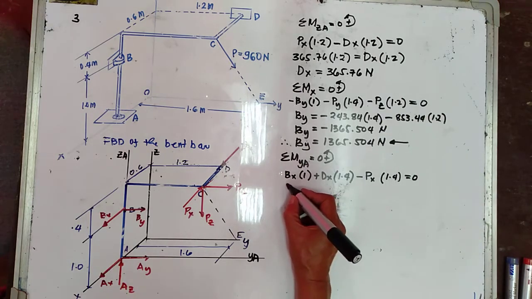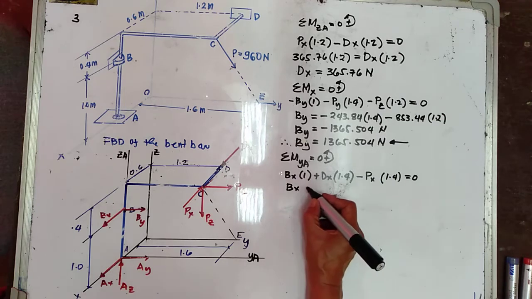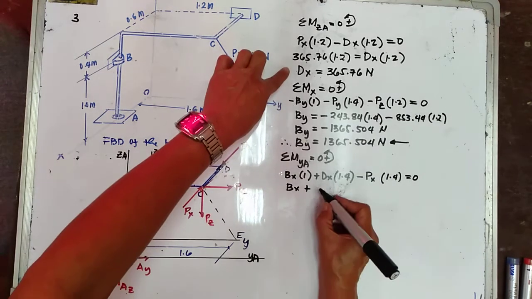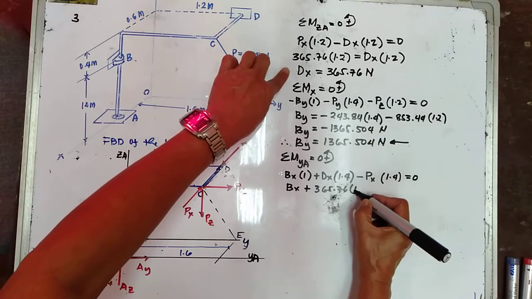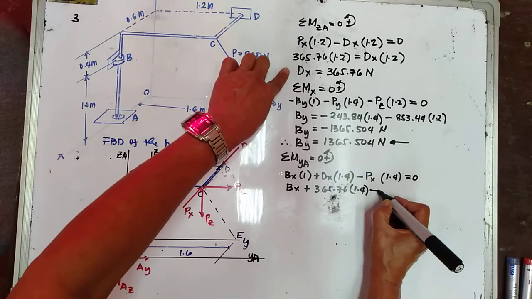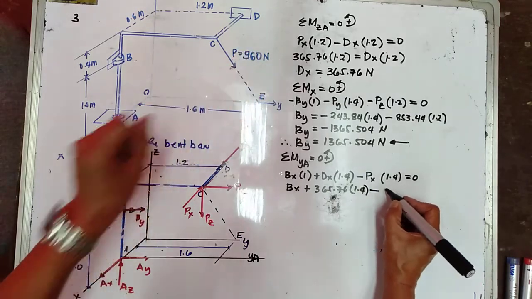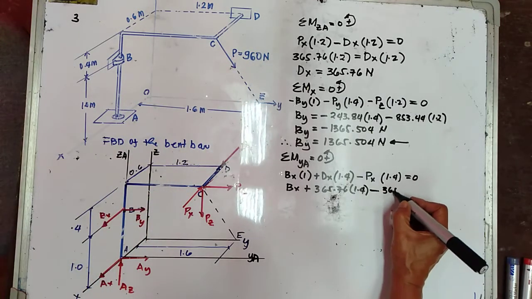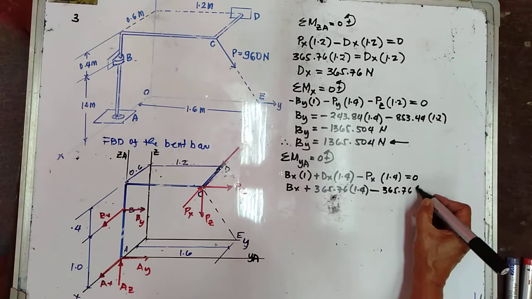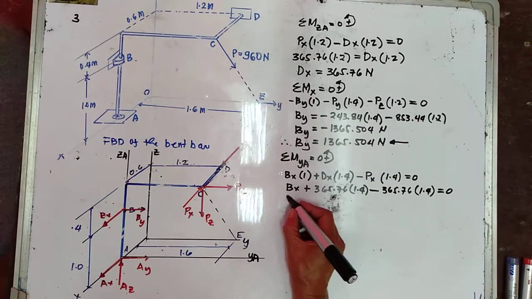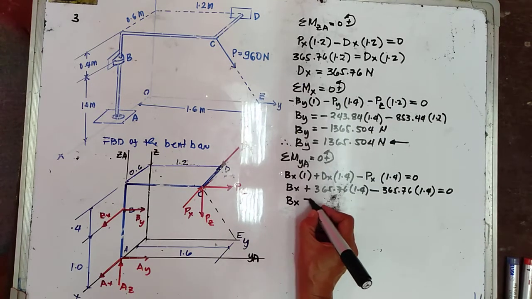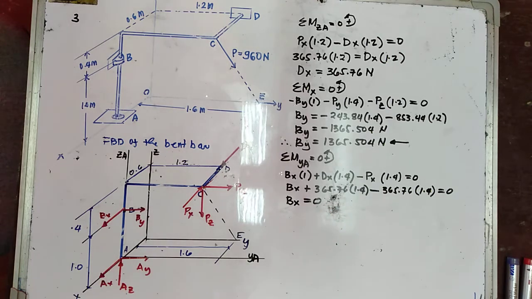So that your bx in here plus dx, which is 365.76 by 1.4, minus px, and the value of px is 365.76 by 1.4, is equal to 0. Hence, the value of bx is equal to 0. So your bx is now equal to 0.